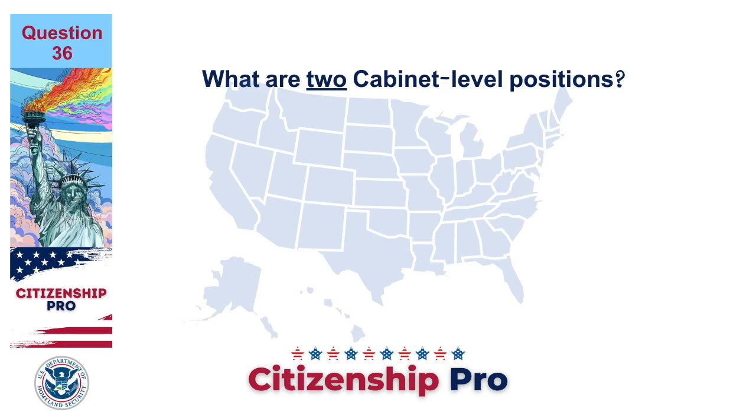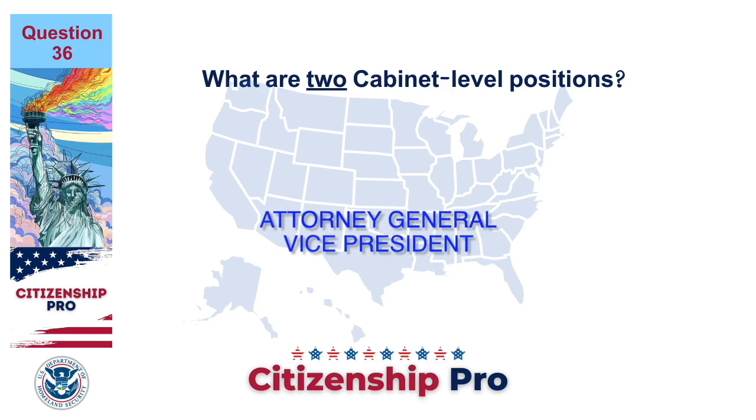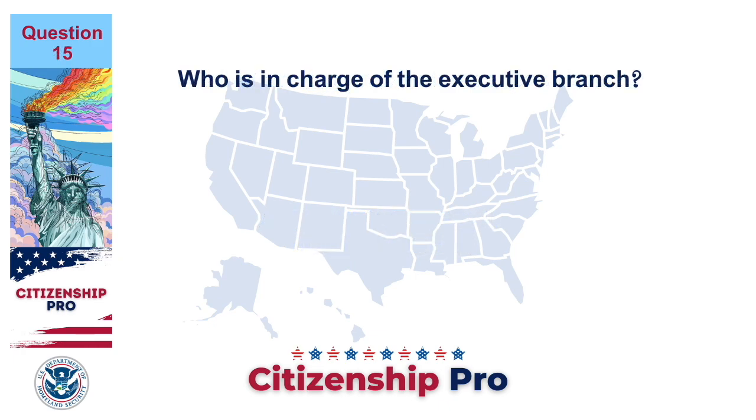What are two cabinet-level positions? Attorney General, Vice President. Who is in charge of the executive branch?